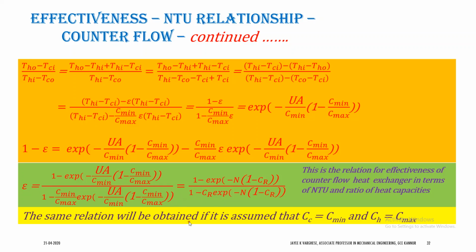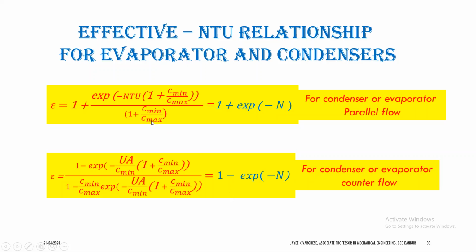Now we had seen the derivation of the effectiveness-NTU relationship for counterflow and parallel flow heat exchangers. Like this. This is for parallel flow heat exchanger and this is for counterflow heat exchanger.